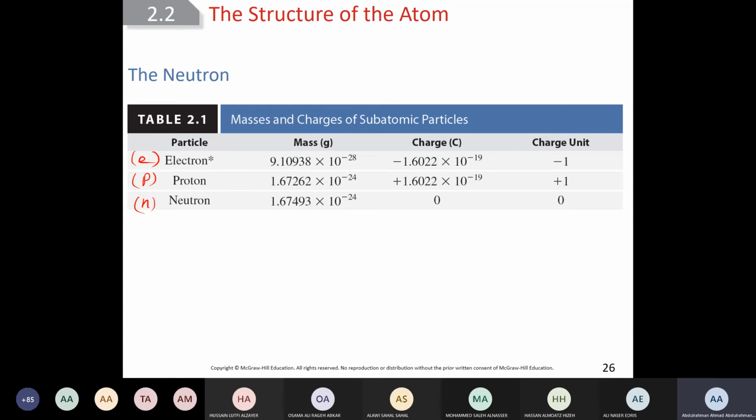Don't memorize these numbers, but this is the mass of the electron, this is the mass of protons, and this is the mass of the neutrons. And we know that the charge of the electron is what? Negative. And the charge of the proton? Positive. And the charge of neutron? No charge. Zero. This table is in grams.